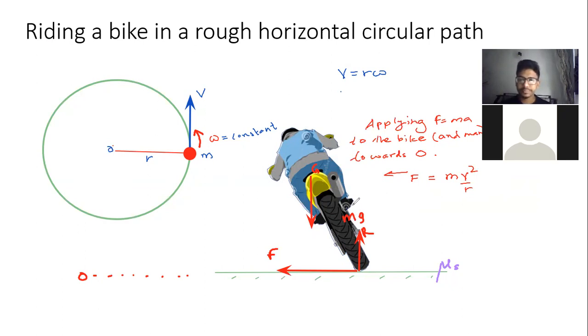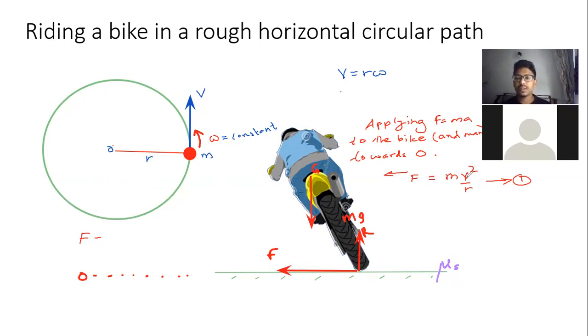Now here F is the friction force. So I take this as equation number 1. Here I put F directly as the friction force, so the required centripetal force is provided by the friction.